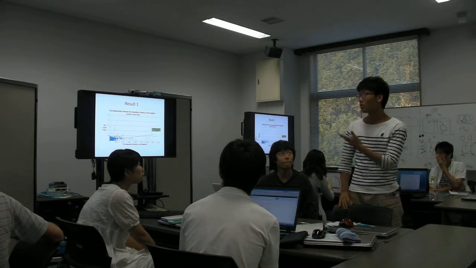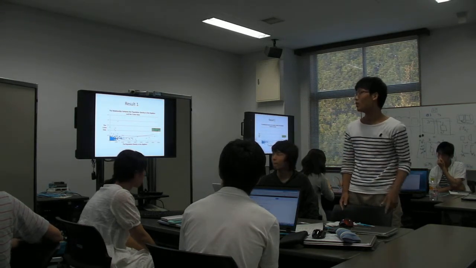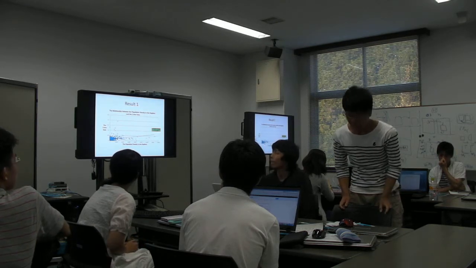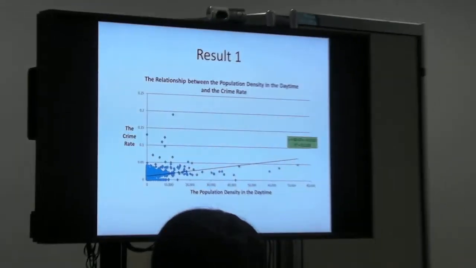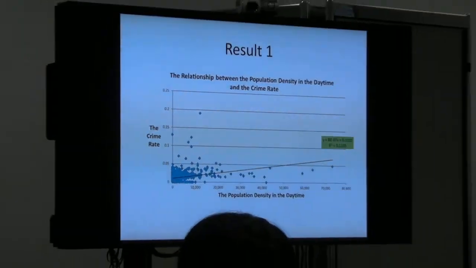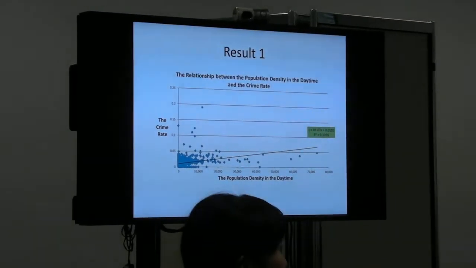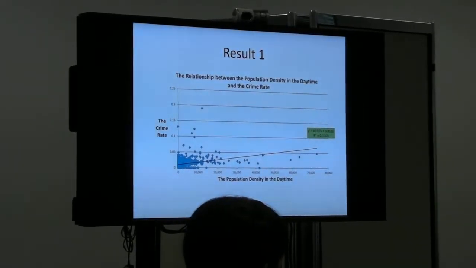Look at the graph. The horizontal axis means the population density in the daytime, and the vertical axis means the crime rate. The crime rate means the crime number per person.